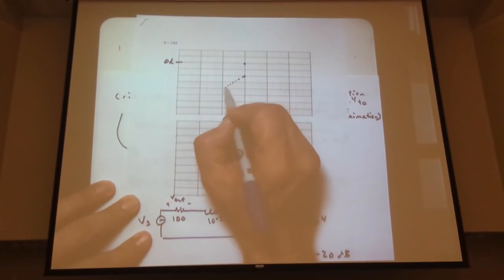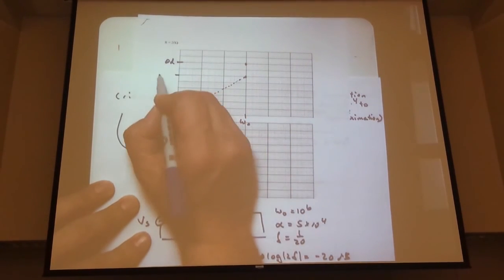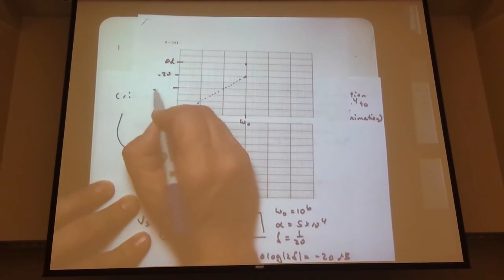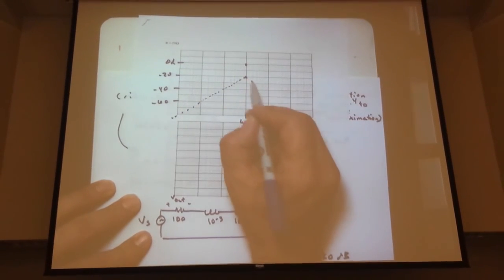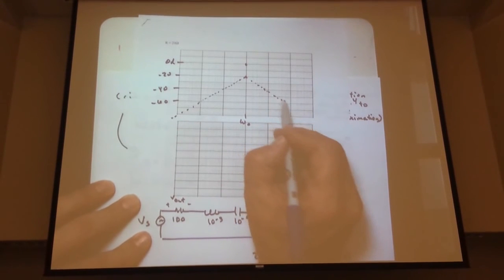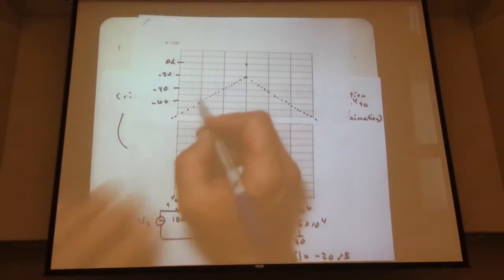So here I can draw some dashed lines. That's minus 20, that's minus 40, minus 60, etc. Well, there's our straight line approximation that the Bode plot has to converge to as we get far away.